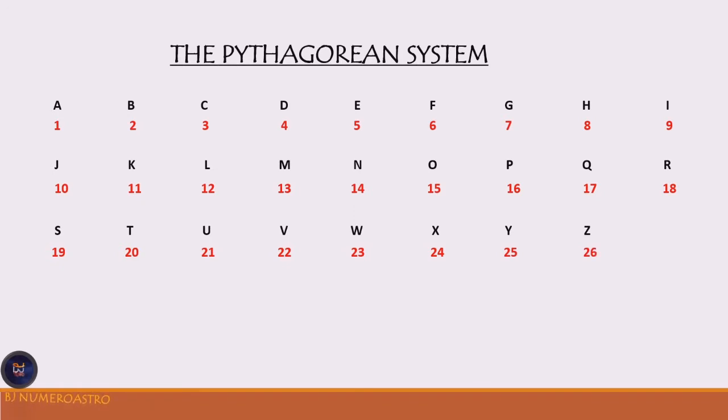I said something earlier. I said the values we have in numerology are just from 1 to 9. So starting from 10, 11, 12, 13 upward, numerology wants us to reduce any number with two digits, three digits, four digits, five digits, and so forth, to a single digit number.